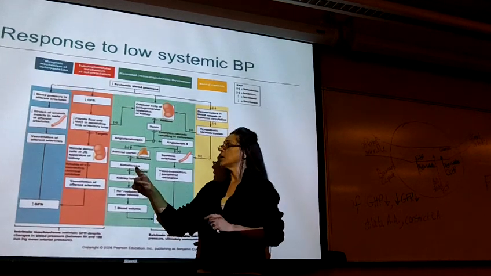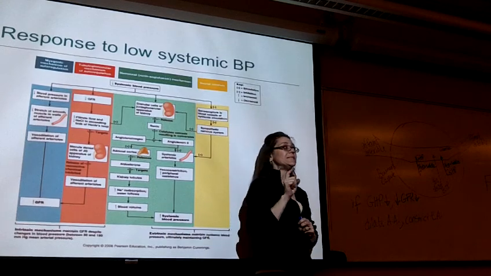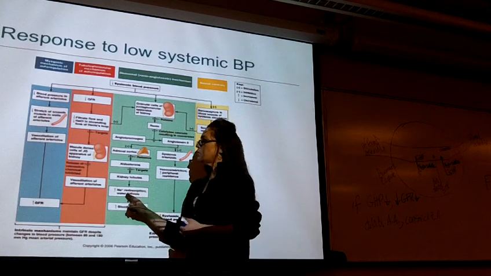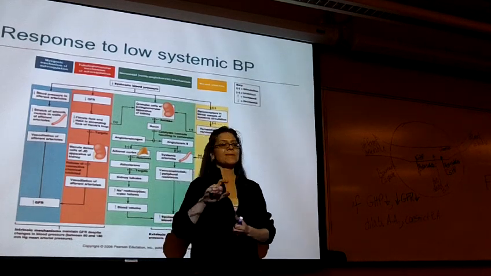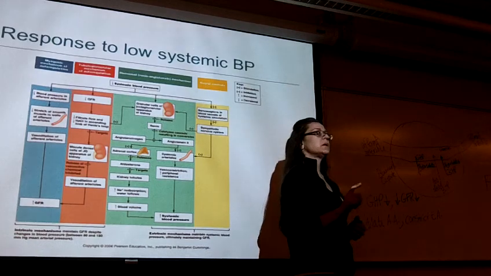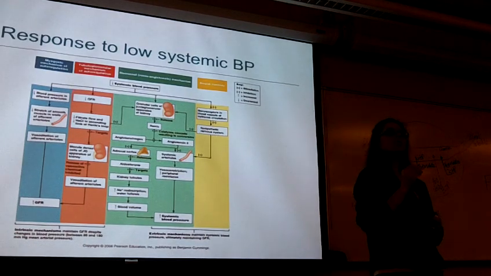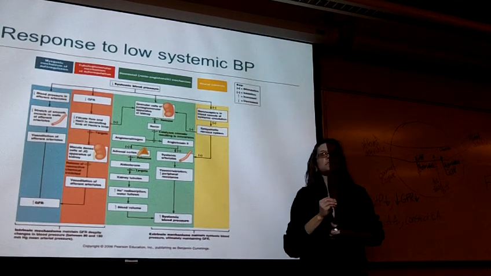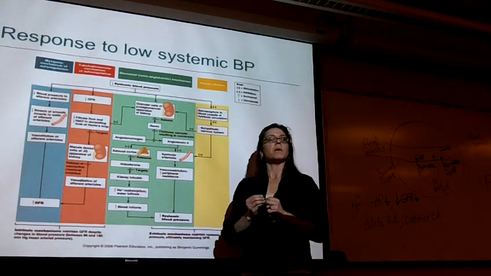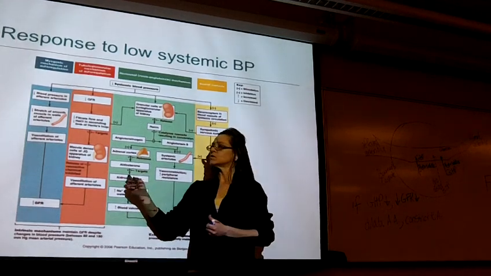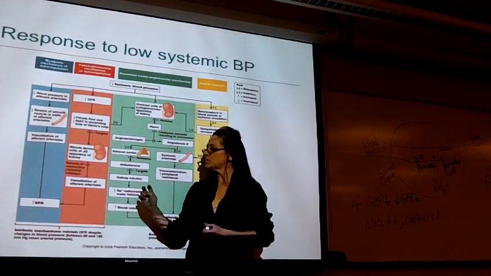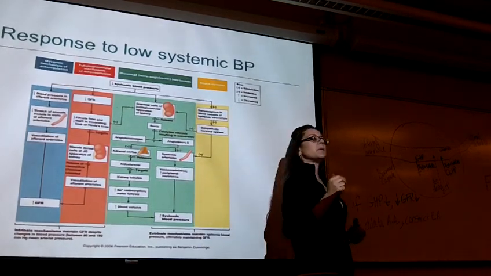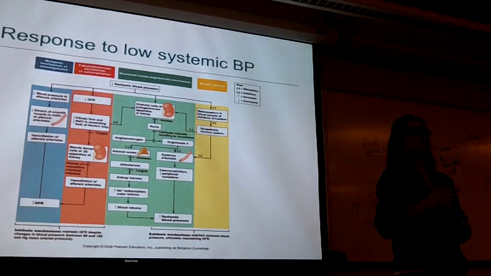In particular, aldosterone will come to the DCT, and it will cause the DCT to make more sodium potassium ATPase pumps. It literally will make those simple cuboidal epithelial cells make more sodium potassium ATPase pumps and put them in the membrane. And if we have more sodium potassium ATPase pumps, it means that we will increase the amount of sodium that we're reabsorbing from the filtrate.